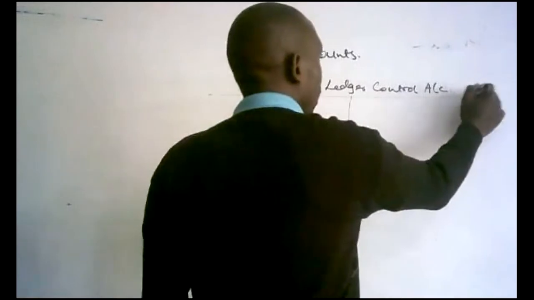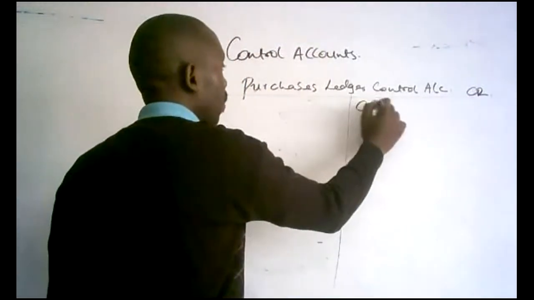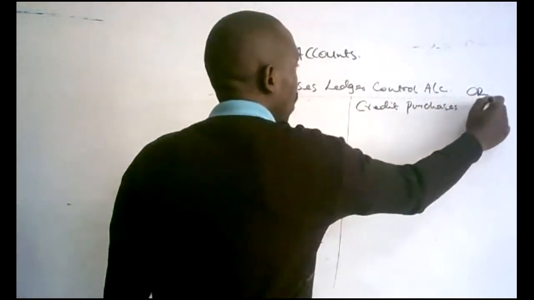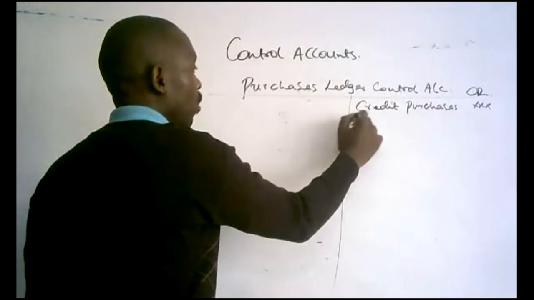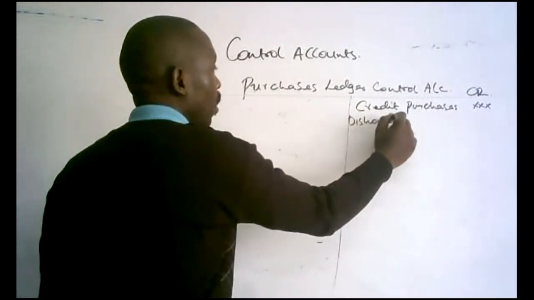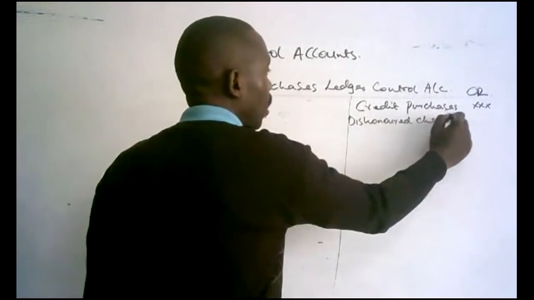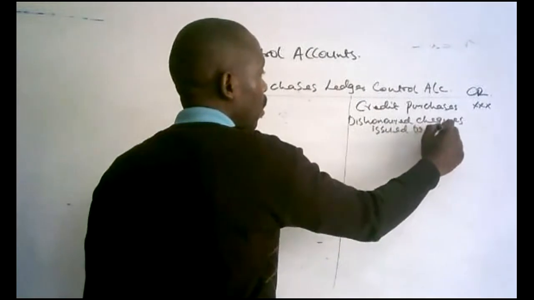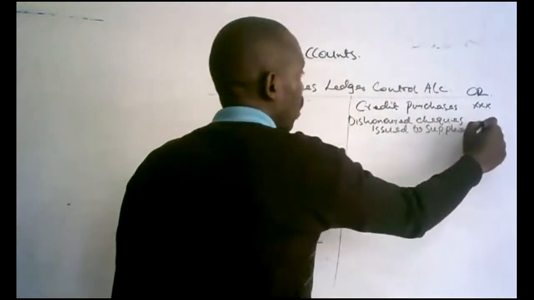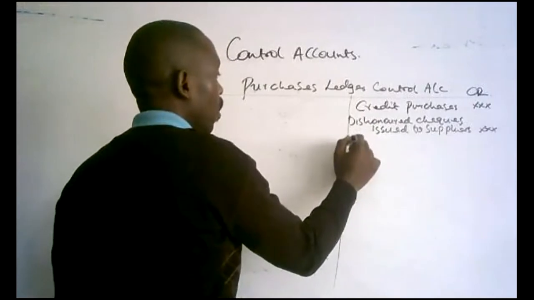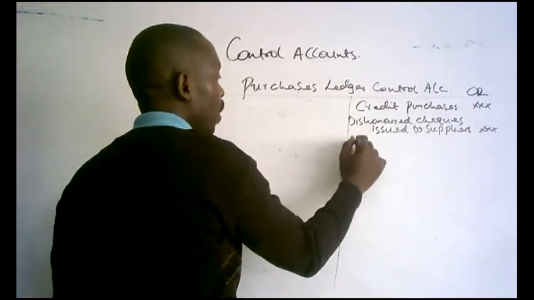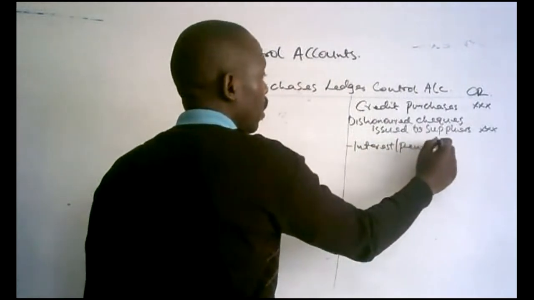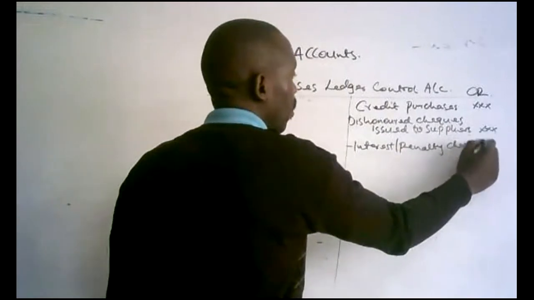So on the credit side, you are going to have the credit purchases, we are going to have the dishonored checks issued to suppliers, we are also going to have the interest or penalty charged by suppliers.